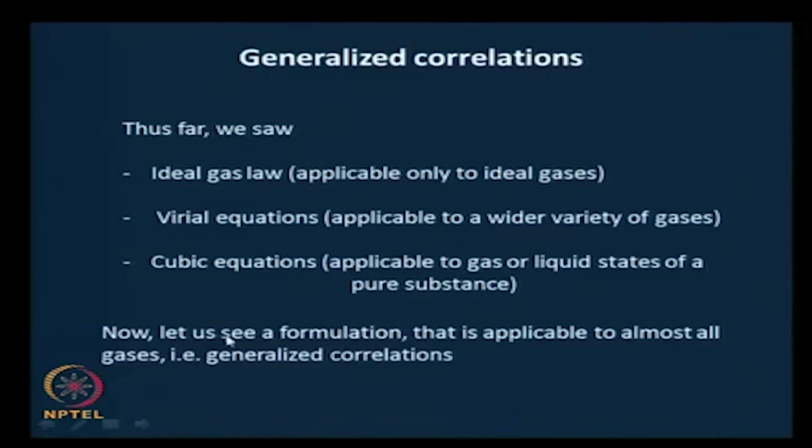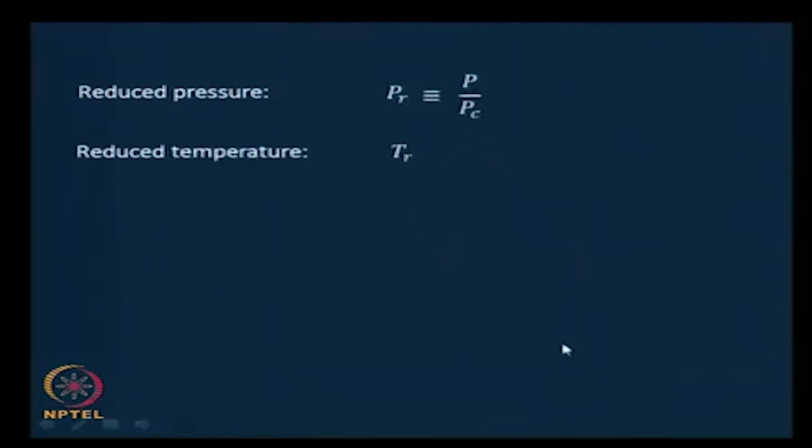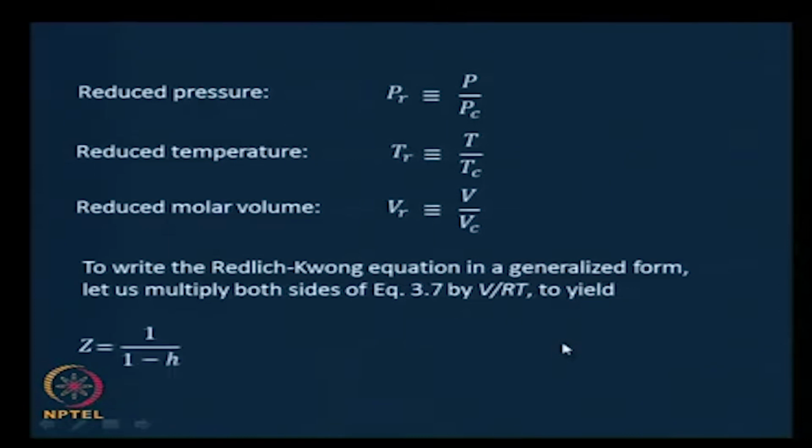And now the generalized correlations are applicable to all gases in general, and they are given in terms of reduced properties, which are nothing but the ratio of the actual property to its critical value. For example, reduced pressure P_R is P by Pc, reduced temperature T_R is T by Tc, and reduced molar volume is V by Vc.